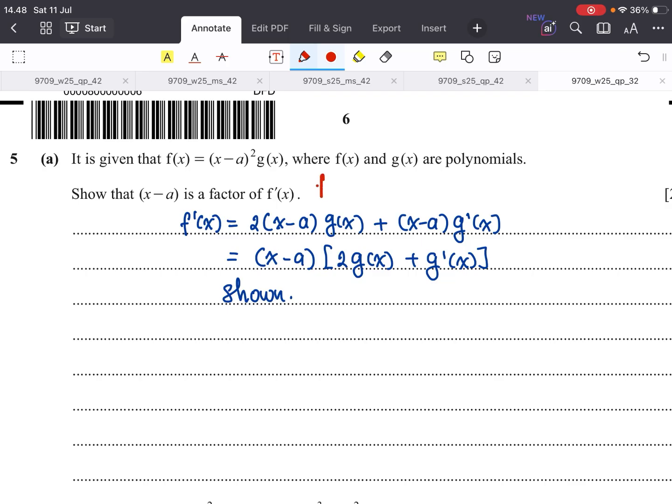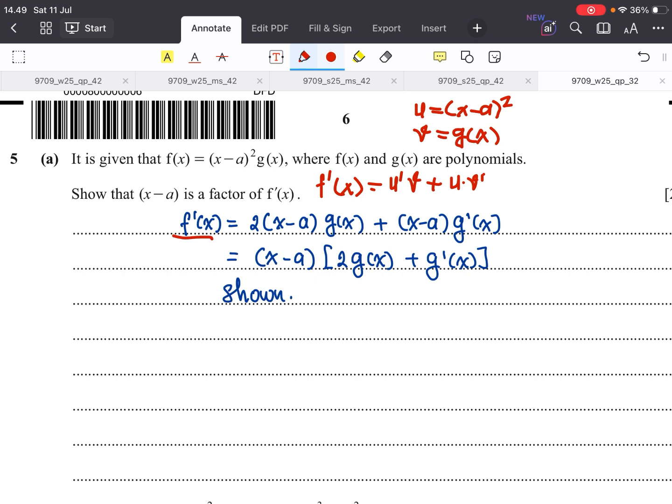The product rule says that f prime x is equal to u prime v plus u times v prime. So u here is (x minus a) squared, and then v is g(x).